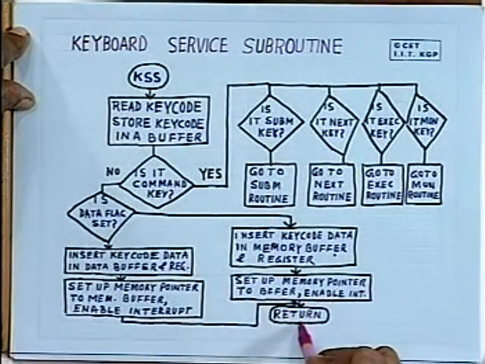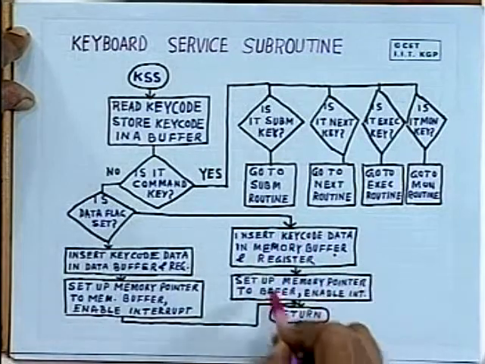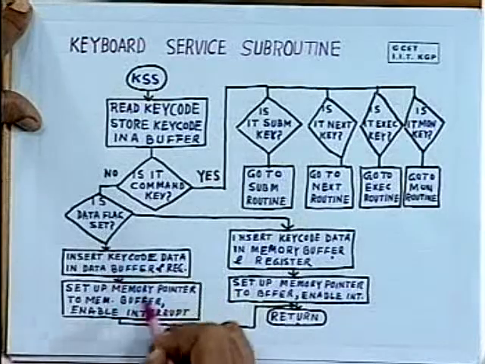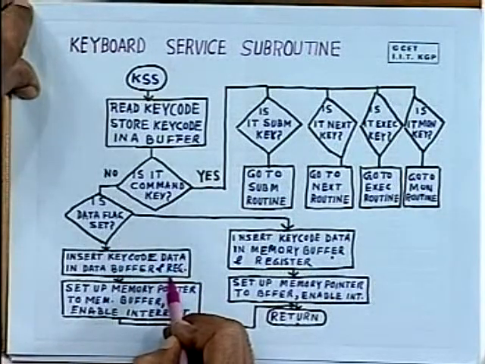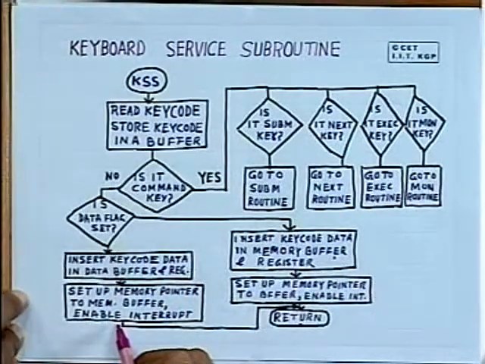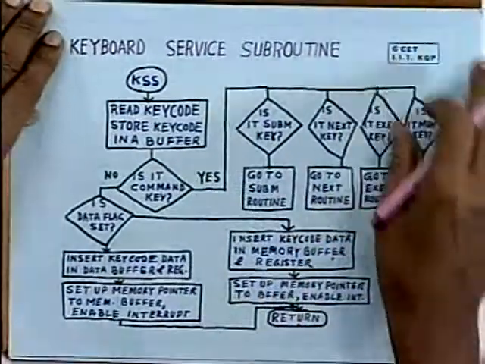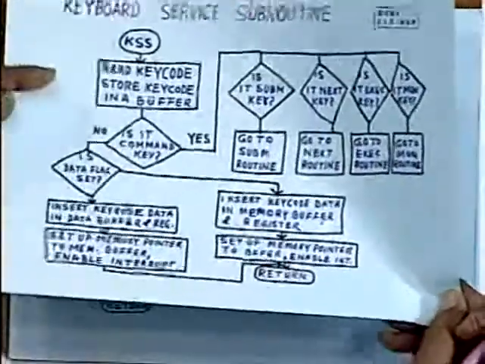Then you are enabling the interrupt and returning. So this part does the storage in the address part of the buffer, and it displays on the 4 address digits of the LED displays. Similarly, this part will store it in the data part of the buffer and display it on the 2 LEDs which are used for the data part.